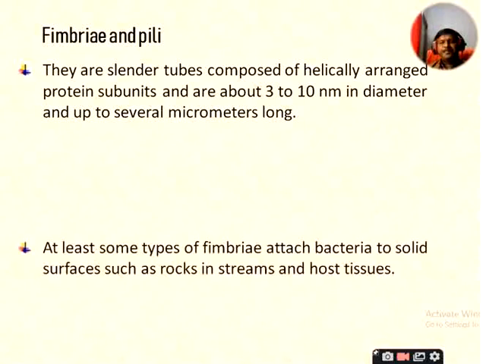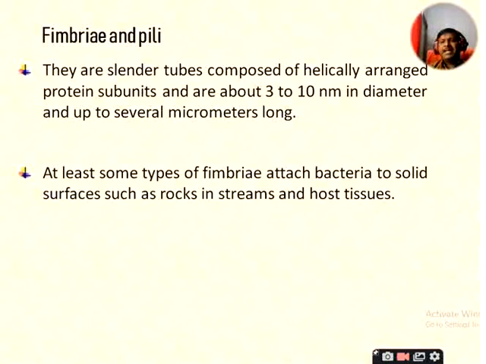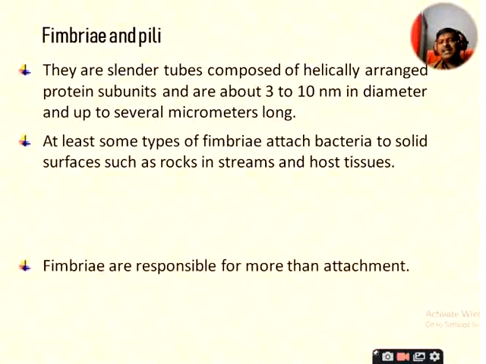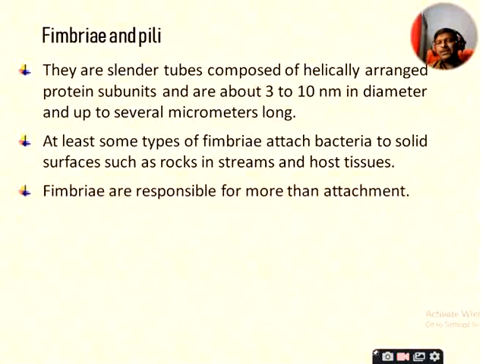At least some types of Fimbriae attach bacteria to solid surfaces, such as rocks in streams and host tissue. See here, the main function of the Fimbriae is to attach the bacterial cell to a solid surface, such as rocks in streams, and to host tissue.